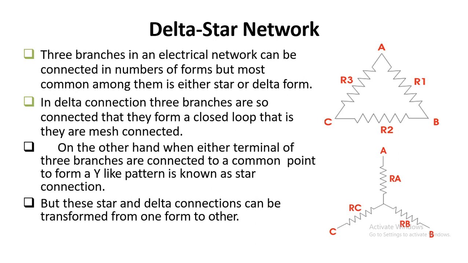These can be connected in different shapes, not only these two shapes that we are seeing in the slide. We have to identify the shape of the connection in the network, whether it is a delta or star.